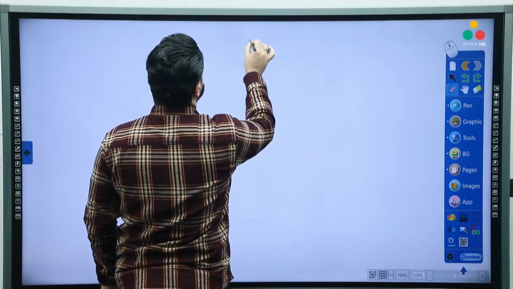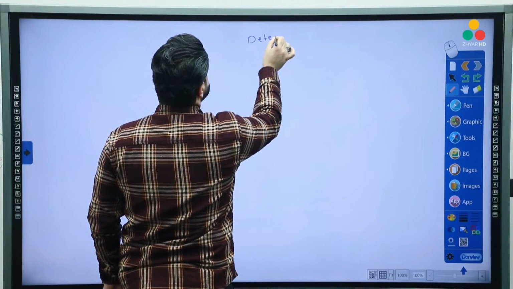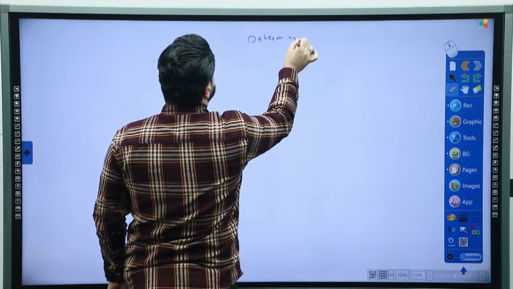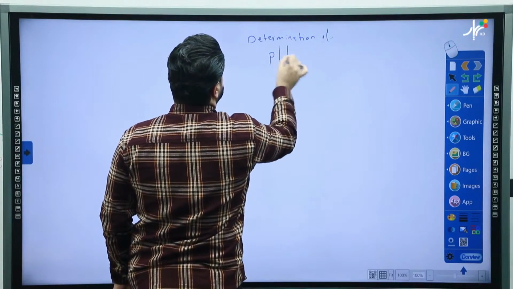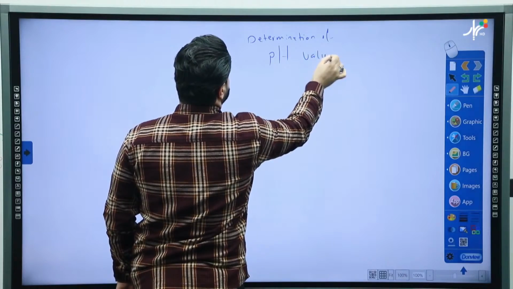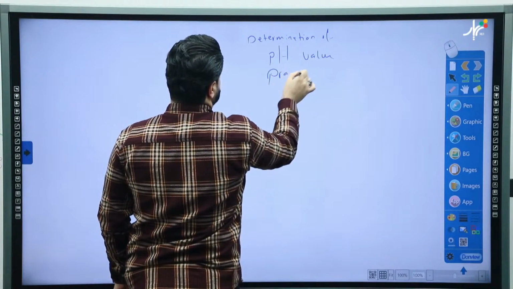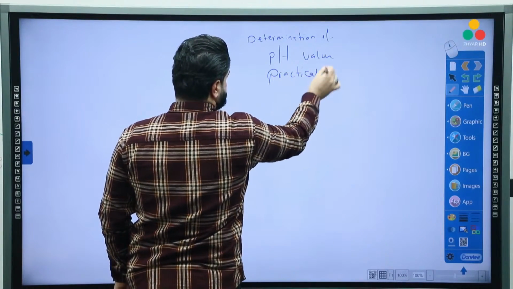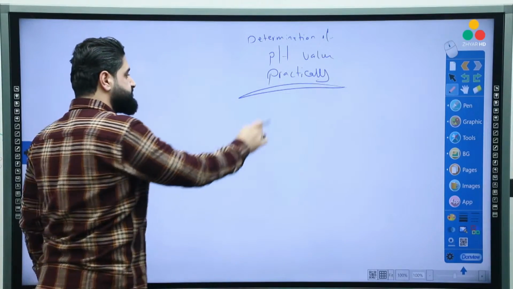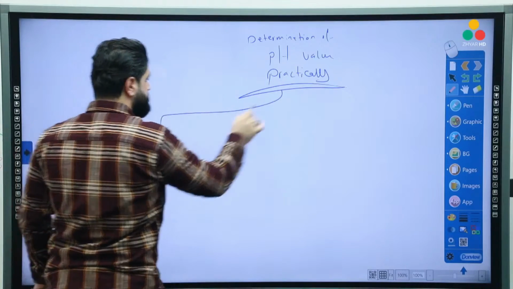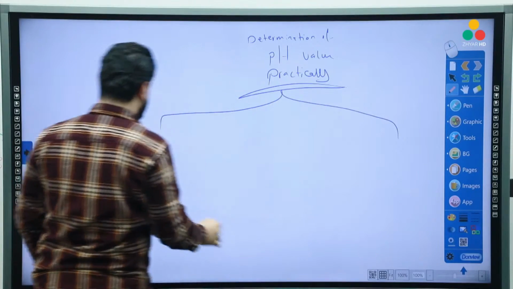So, pH value determination practically. There are two ways to get the value of pH practically.